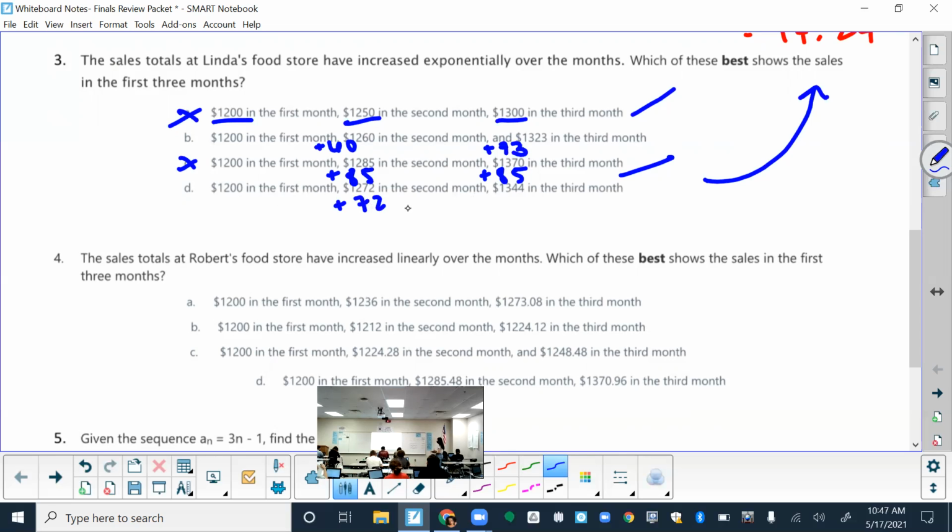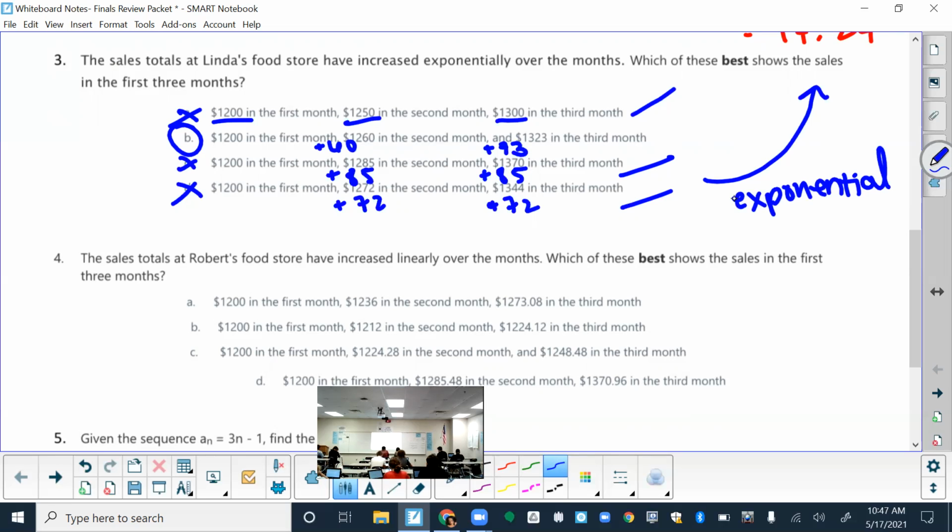It goes up by 72, and then up by, I don't know how to do math in my head. What's the difference for this month? 72 again. So it's definitely not D, because that one's also linear. The only correct answer would be B, because that one is not going up at a constant rate. That one fits more of the exponential part. Do you see why that makes sense?